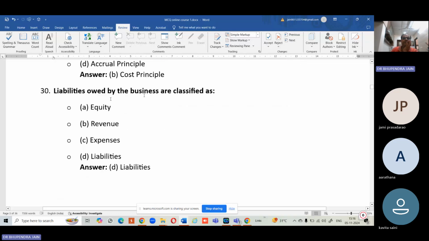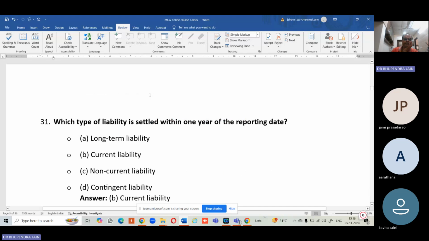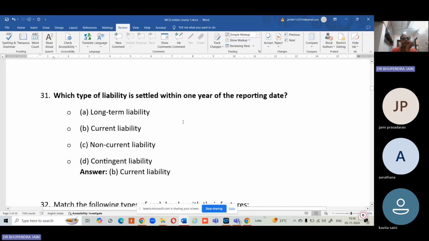Liability owned by the business is classified, a very easy question. Equity means capital, revenue, expenses, so the answer is the liability. Next. Which type of liability is settled within 1 year of the reporting date?